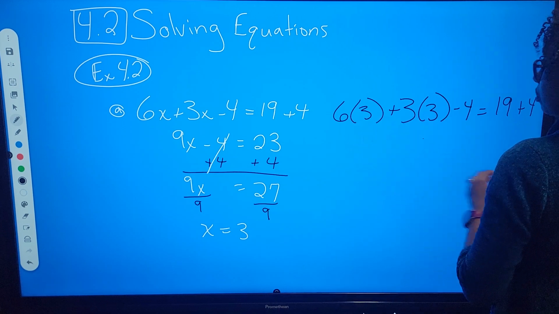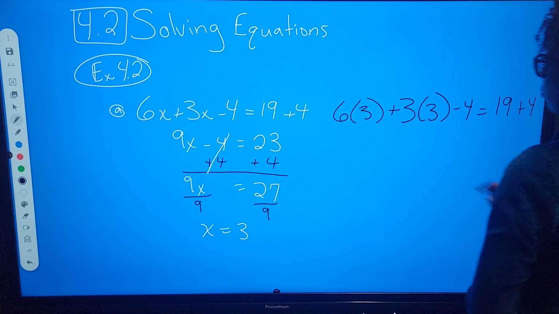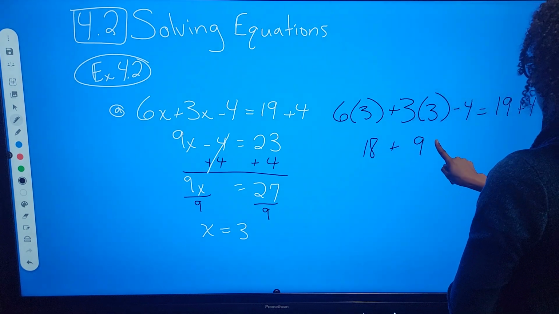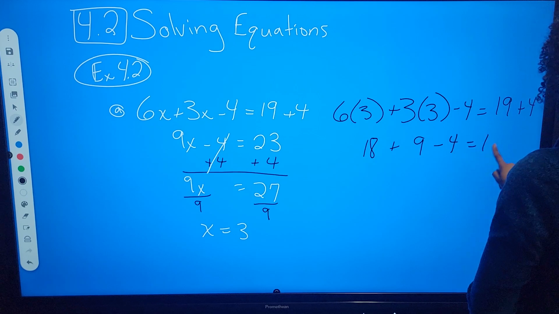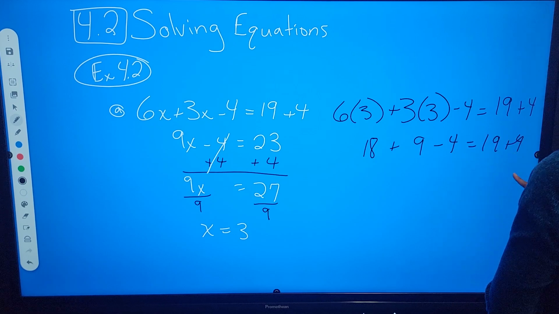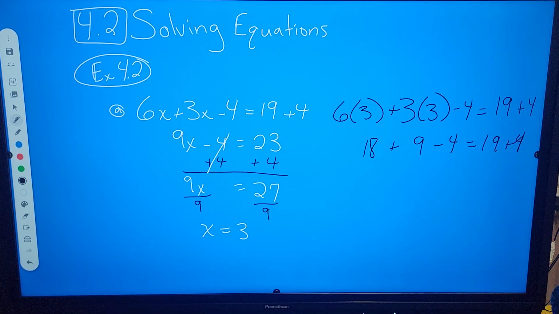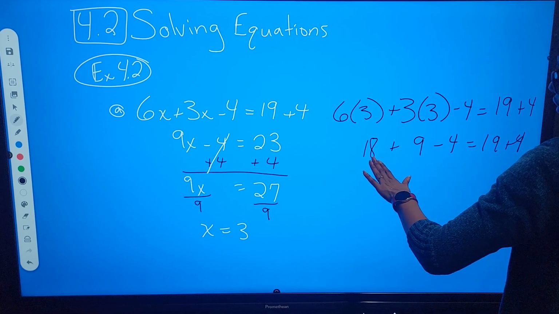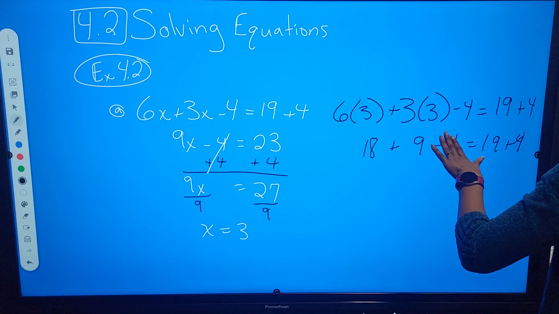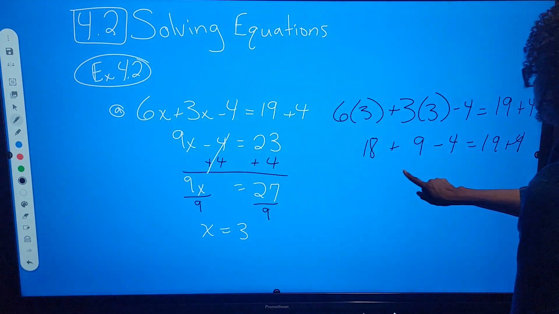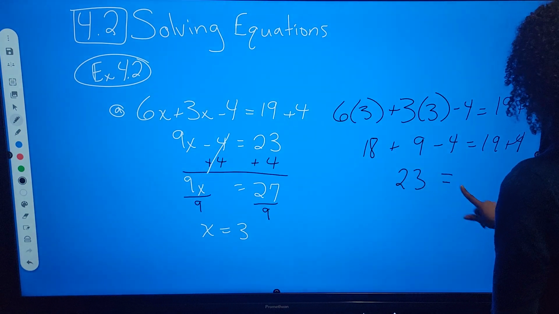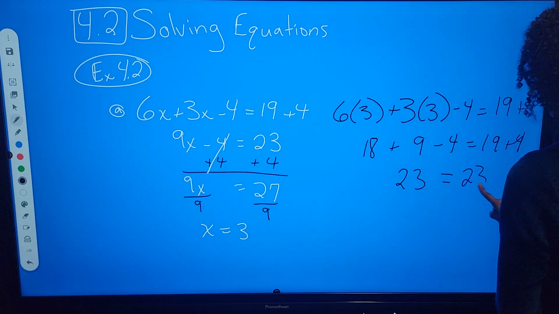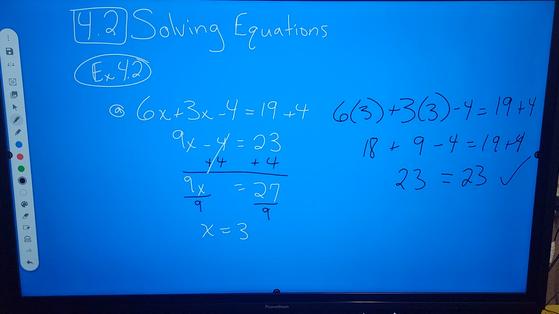We've got 3 times 6 is 18. 3 times 3 is 9. So I took care of multiplication, and that's supposed to be a plus 4 there. We've got 18 plus 9, which is going to give us 27, minus 4 will be 23. And then 19 plus 4, also 23. We got the same answer, so we know that it checks.